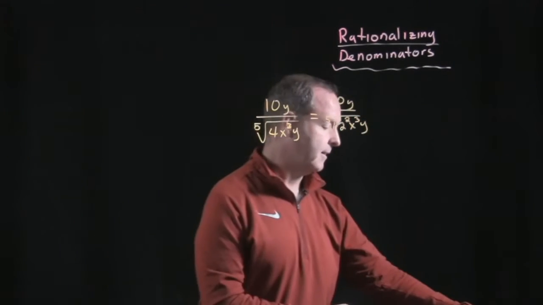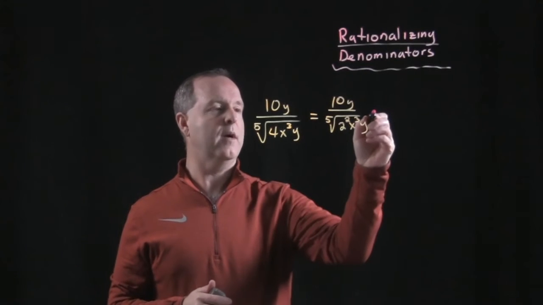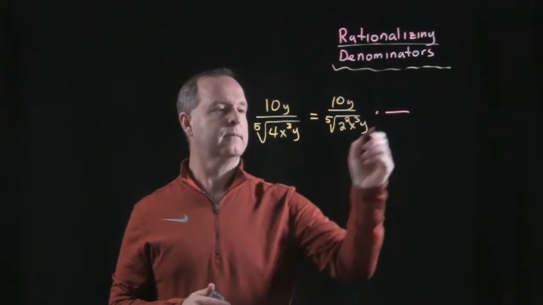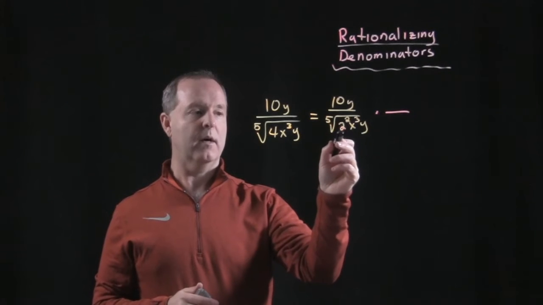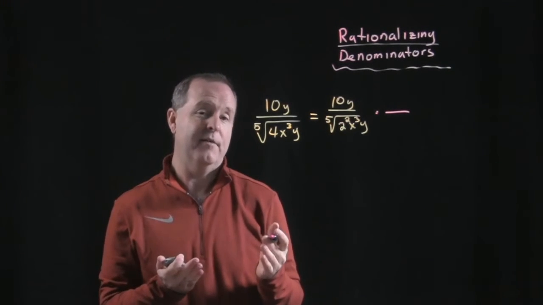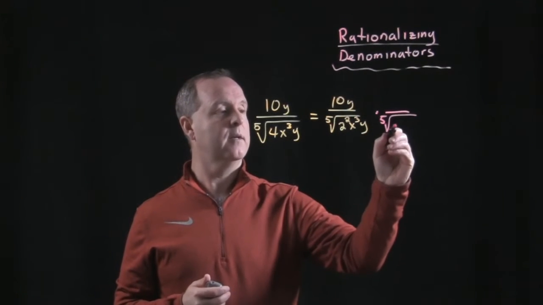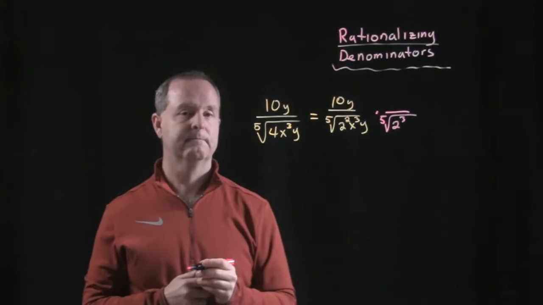Doing that does allow me to figure out what my clever version 1 should be. In order for 2 squared to become a perfect fifth, I need to have another 2 cubed. So part of my clever version of 1 will be a 2 cubed.